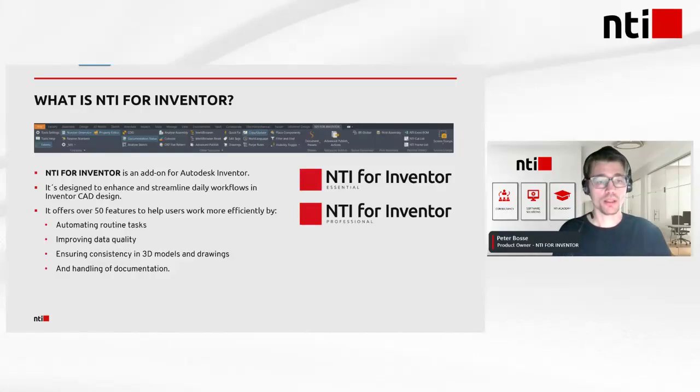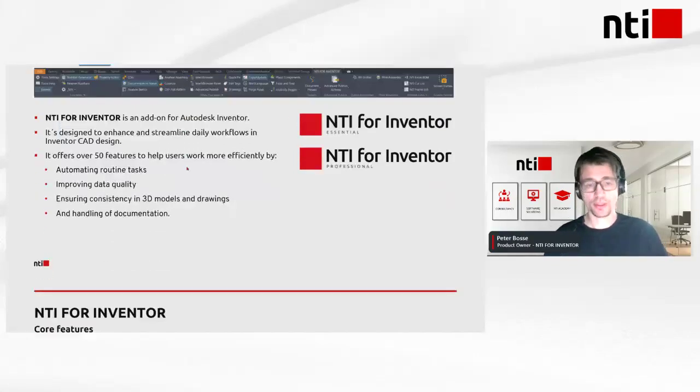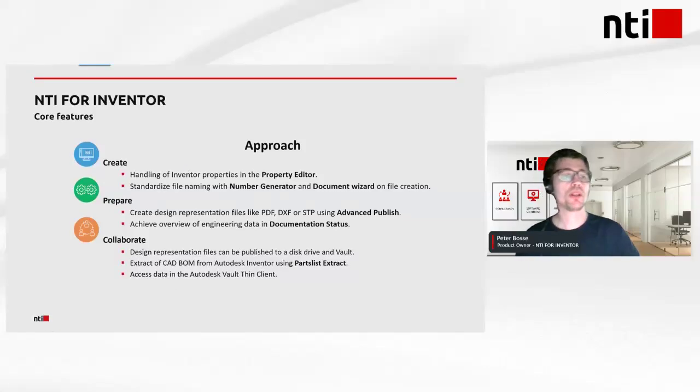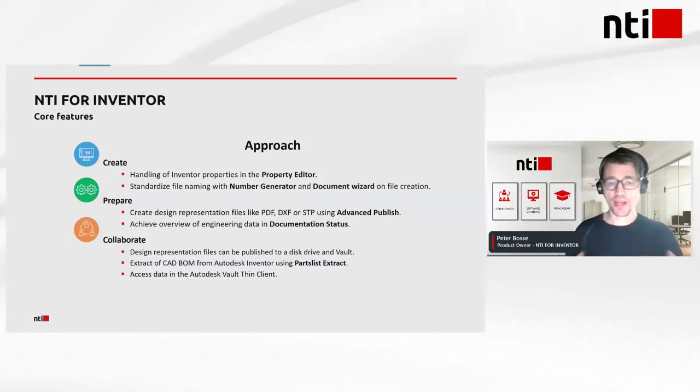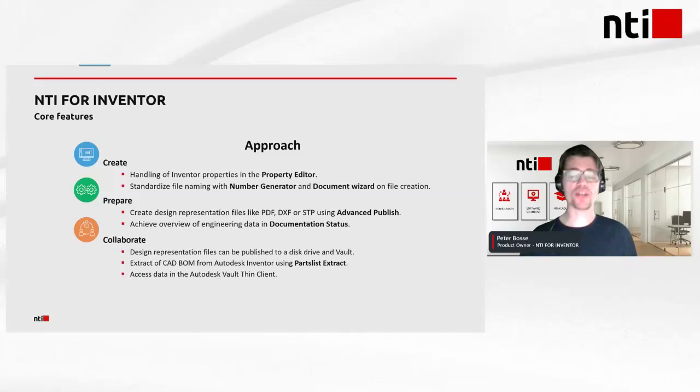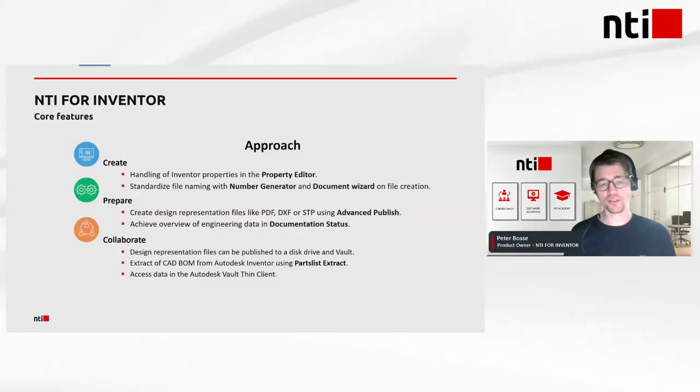If I hit the next slide. The core features, we have three approaches. We have an approach called create, where we are creating all the data, all the information that we are putting into the Inventor file to enrich them. We have a number generator to ensure that you have a consistent number generation, that you avoid duplicates and so on.